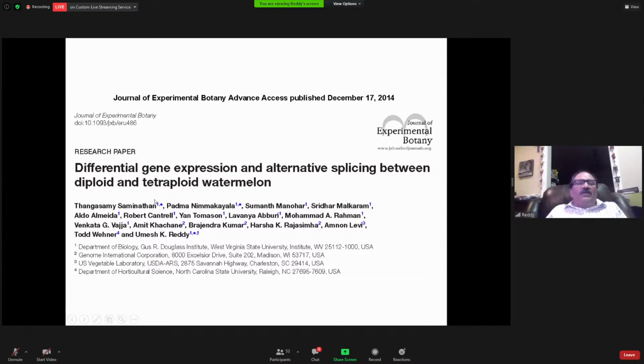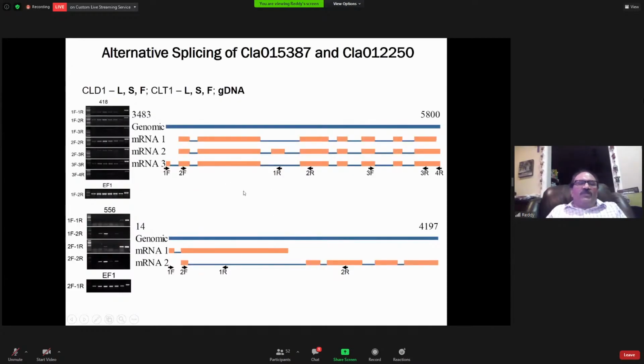And earlier one postdoc, Tangasamy, also worked on the same and understood that these fruits especially are becoming the same size, because the extra genes, extra messenger RNAs that are produced, are spliced through a process called alternative splicing. A molecular event, once the transcription is over, messenger RNAs are processed. In that process, some of the messenger RNAs are losing some of this.